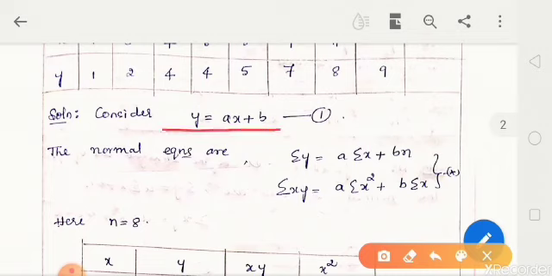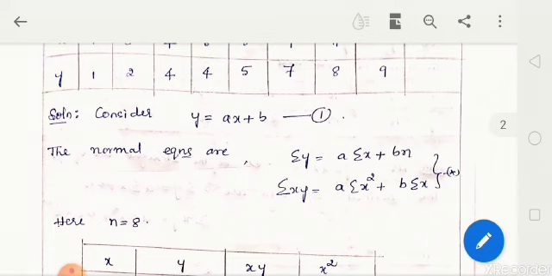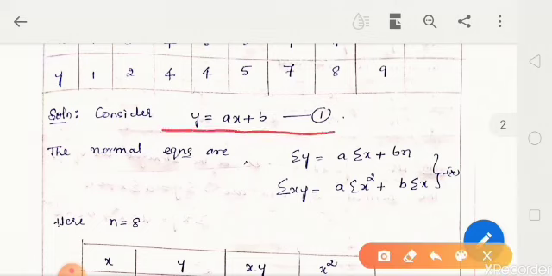So we get summation y equal to a summation x plus b into n. In order to get second normal equation, you attach sigma x to equation 1. So we will get sigma xy equal to a summation x square plus b into summation x.